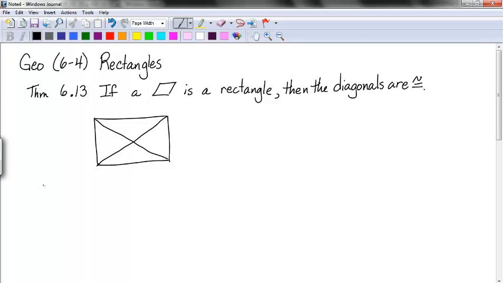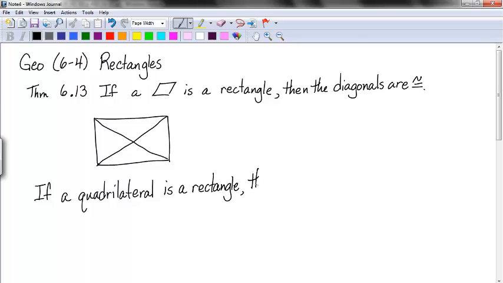Okay, if a quadrilateral, remember, if it's a quadrilateral, it's got four sides. If a quadrilateral is a rectangle, then there's several things that are true.